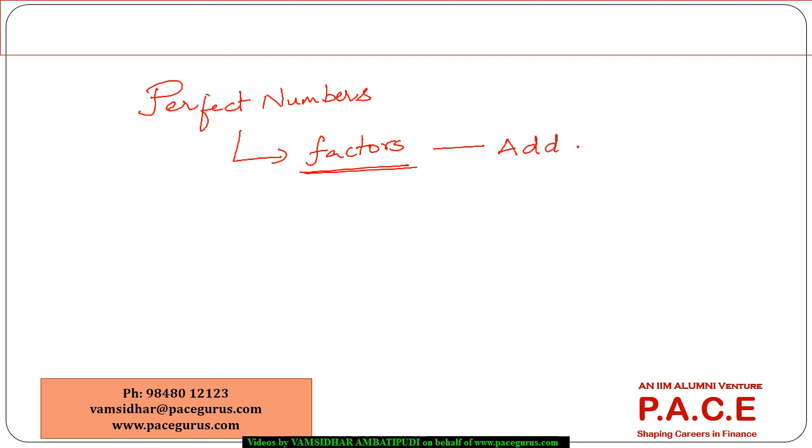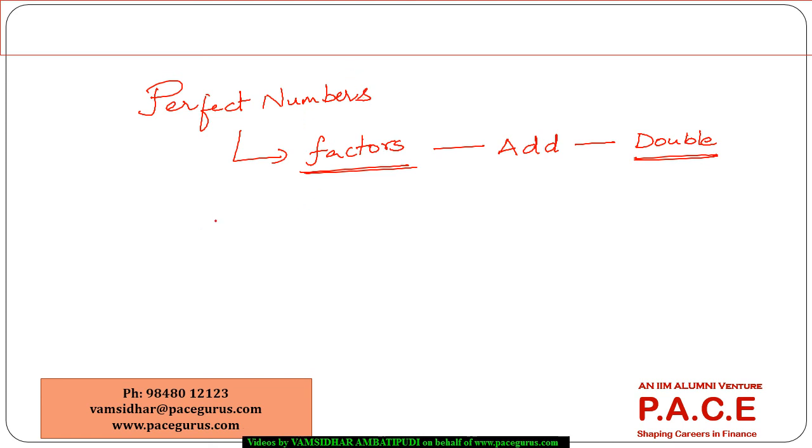If the total sum of all the factors comes exactly double that of the original number, those are the ones called perfect numbers.